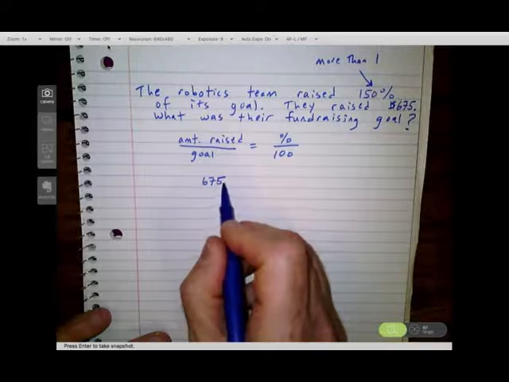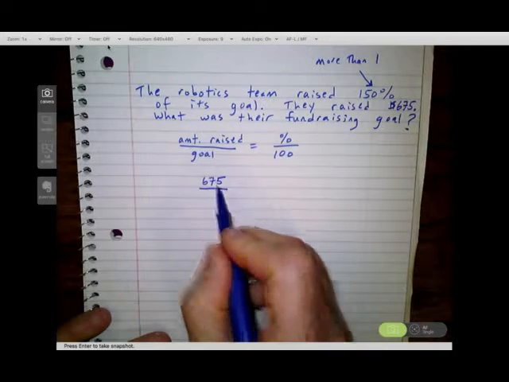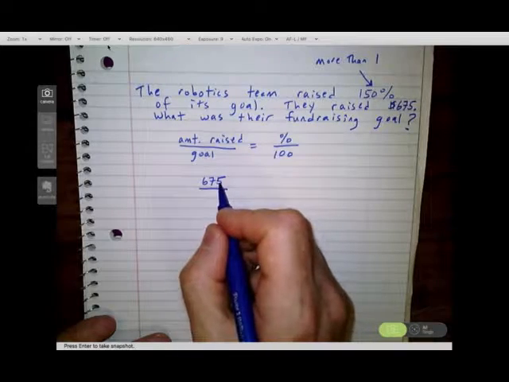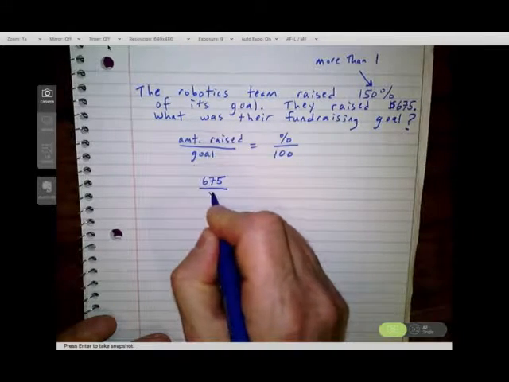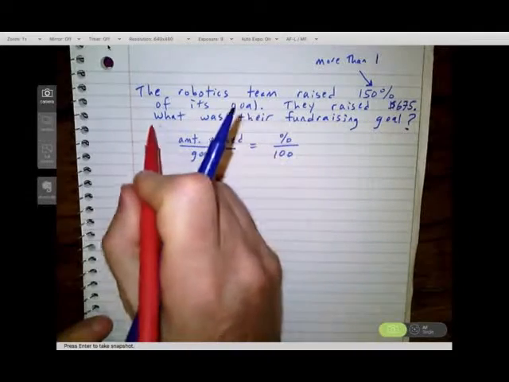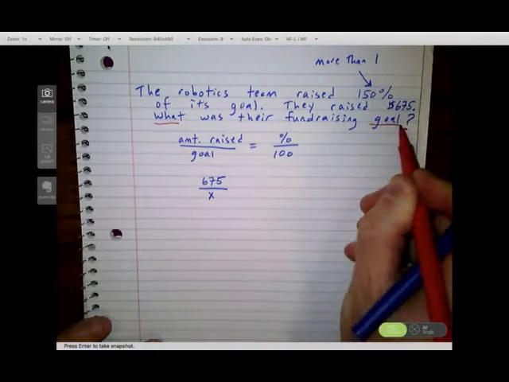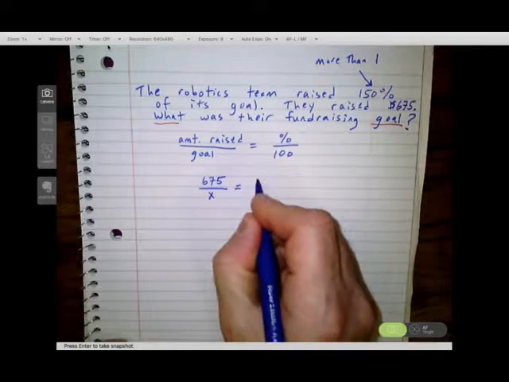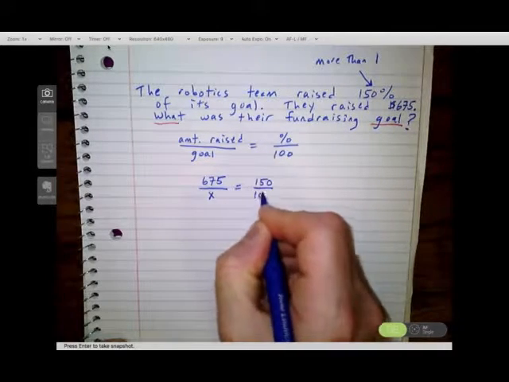So even though this is going to be bigger than our goal, that's okay. It's going to be technically the part. So 675 over x, because we don't know what the goal was. So here it says, what was their goal? Okay, equals the percent, so 150 over 100.